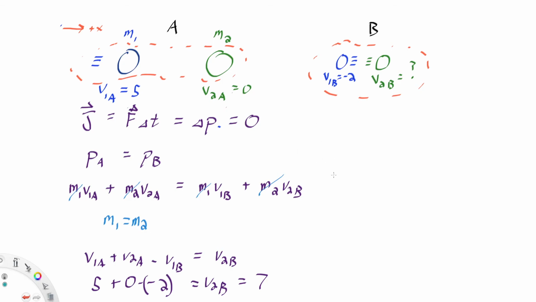So we would end up having M1 V1A plus M2 V2A minus M1 V1B, all over M2, equals V2B. Exactly the same procedure, we would just have an M attached to everything because we couldn't cancel it out.